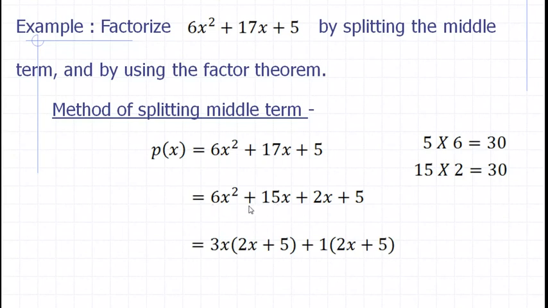In the first pair we take 3x common: 3 twos are 6, 2x plus 3 fives are 15, plus in the second pair we take 1 common, 2x plus 5. Therefore, taking the common 2x plus 5, you will get the other factor 3x plus 1.